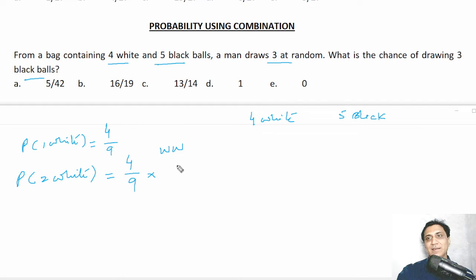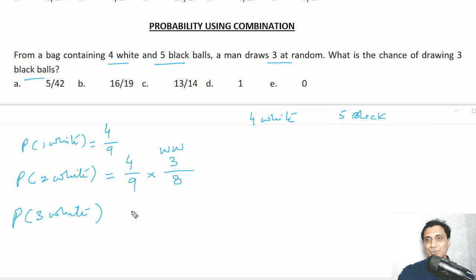And now you don't have 9 total balls, you have 8 total balls. So this is the probability of choosing exactly 2 white balls. You can solve it further: 3 times 3, 4 times 2, that'll be 1/6. Got it?